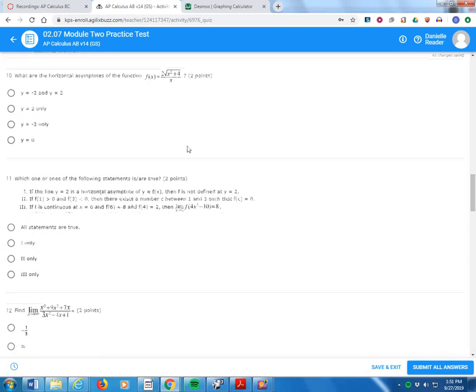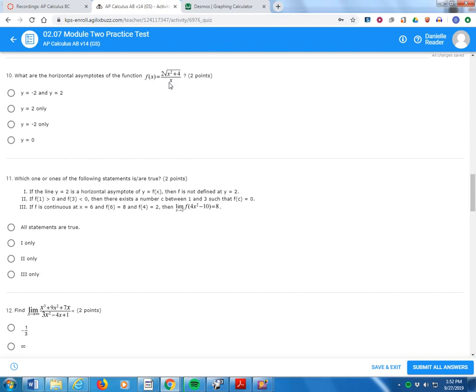Okay, what are the horizontal asymptotes of this function? 2 times the square root of x squared plus 4, over x. Well, to find your horizontal asymptotes, back from pre-calculus, you take the degree on top over the degree on bottom. And the degree on top, if I look at this, it's the square root of x squared.